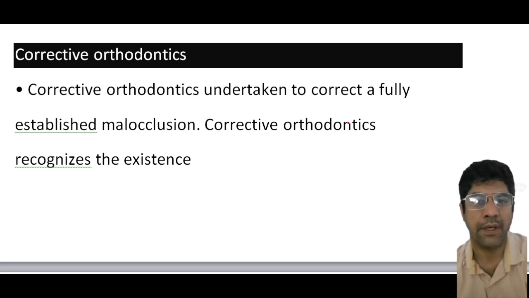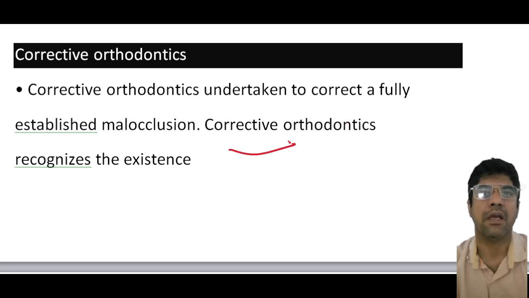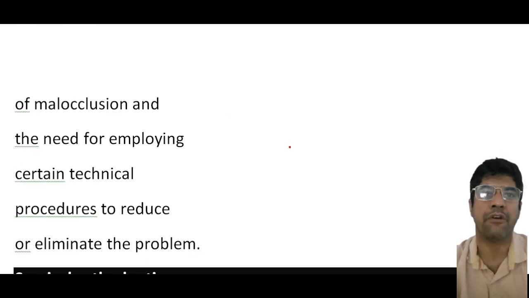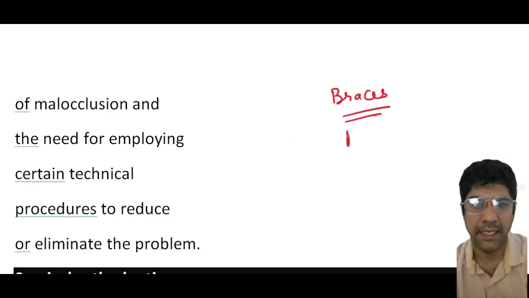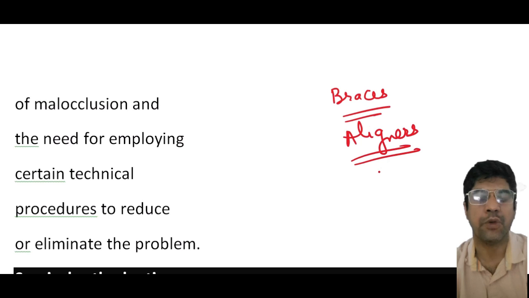Corrective orthodontics includes the use of braces, aligners, and other orthodontic appliances that are used to reposition and realign the teeth and jaw in their correct position.